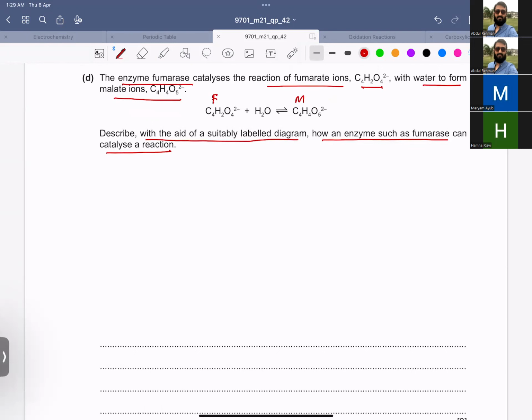But you can show it like this: you can make any shape, for example a bigger shape, that is your enzyme. And with respect to this shape, you can show your reactant, that we call the substrate.